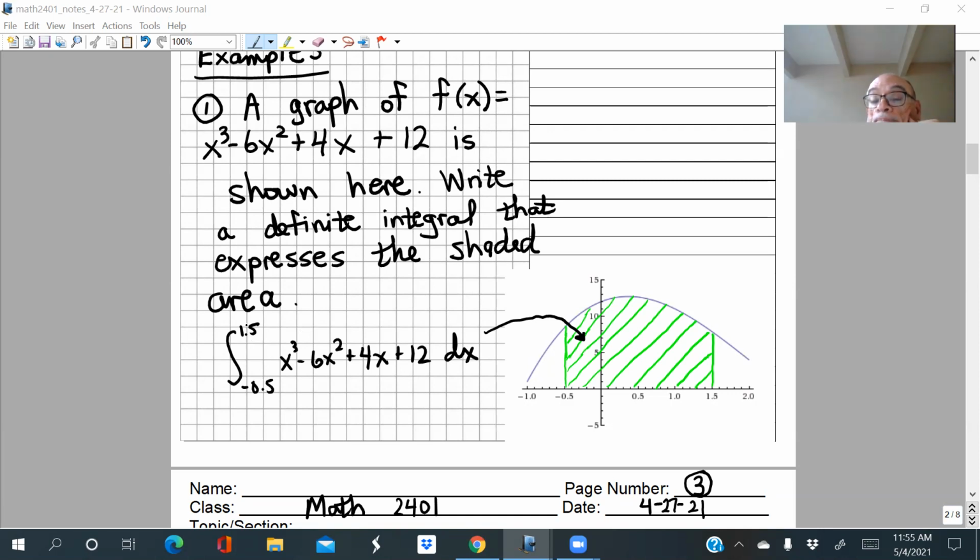So here's a picture of that area. That's what this definite integral represents. So this green area that I've shaded in is the area that this definite integral represents.